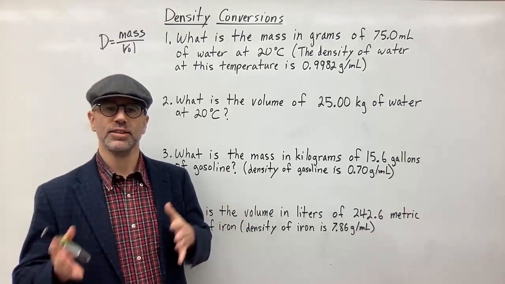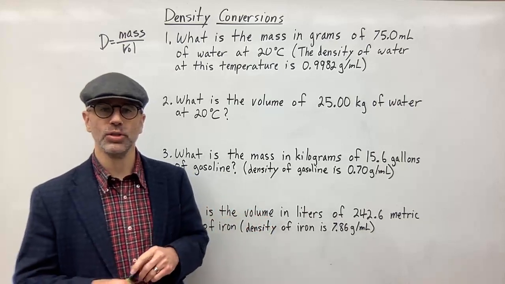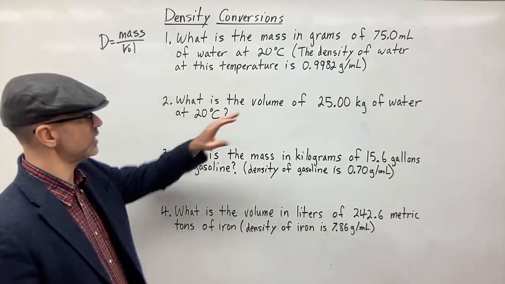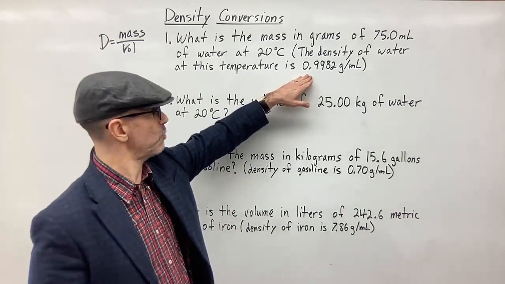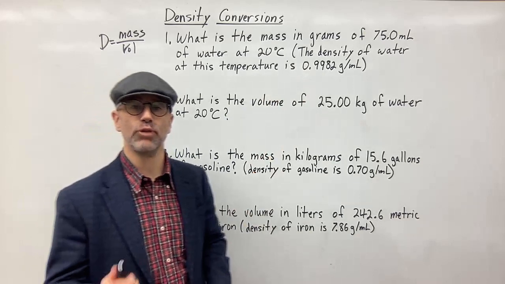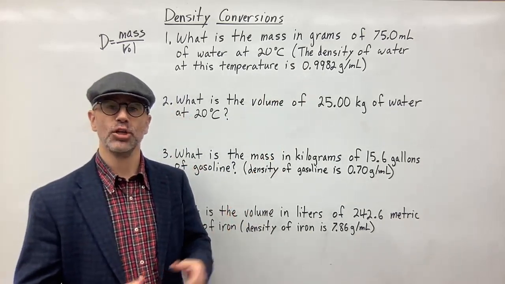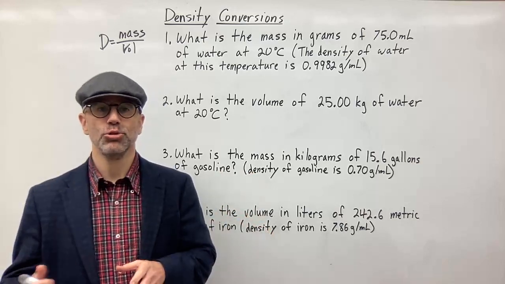Water's density is going to change depending on how hot or how cold it is. So this is 20 degrees. We're given that the density of water at 20 degrees is just below 0.9982 grams per milliliter. So we can use that to help us convert 75.0 milliliters of water to grams.